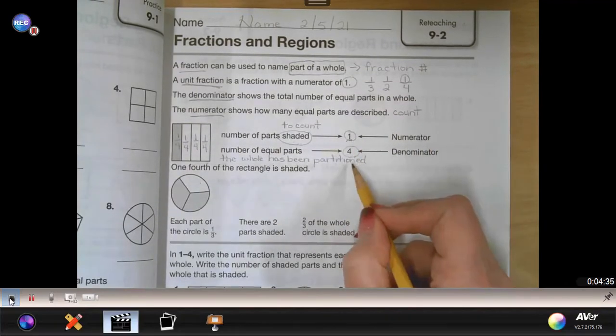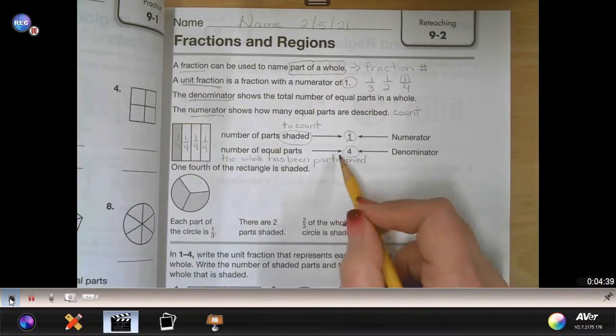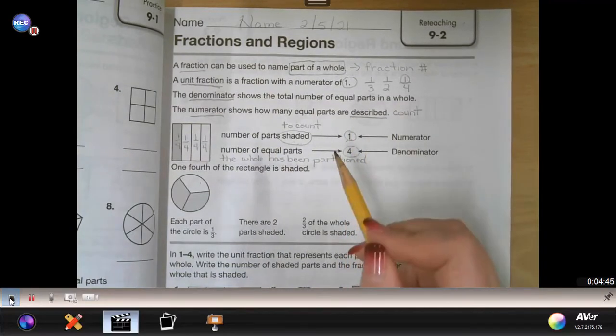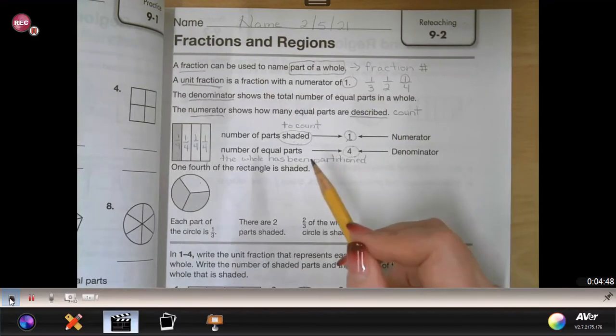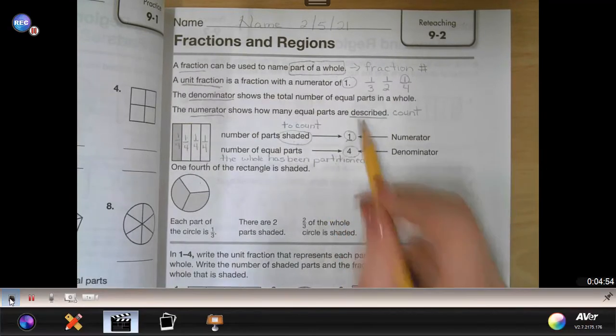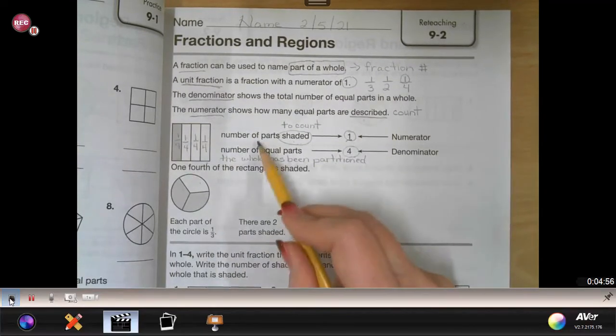So be sure when you think about the numerator, think about how many parts you're going to count depending on what they're asking you for or what they're describing. They could have said the polka dot sections or the purple sections or whatever they're describing as what they want you to count as the parts.